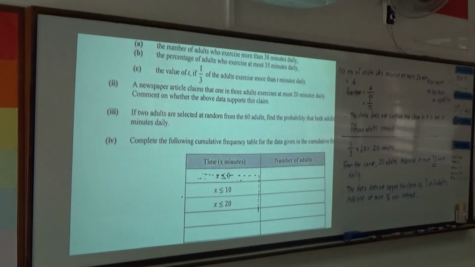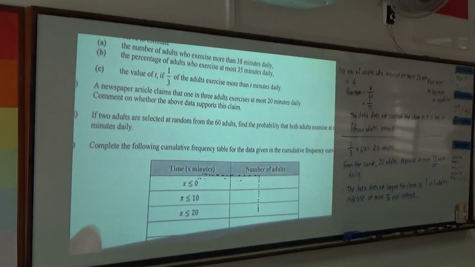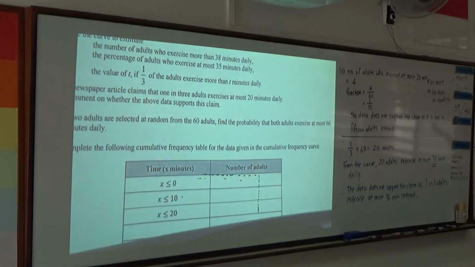Okay, then now, part 3. It says that if the adults are selected at random from the 60 adults, we want to find the probability that both adults, so again it's a selection of 2 adults, exercise at most 66 minutes daily.